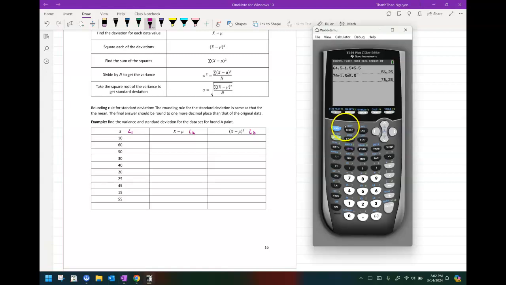So how do we do that? So stat, we go to edit, clear this up, and let's go ahead and enter the data we have into list 1.